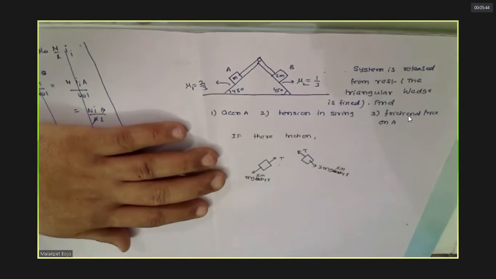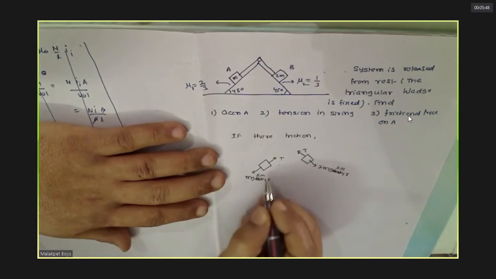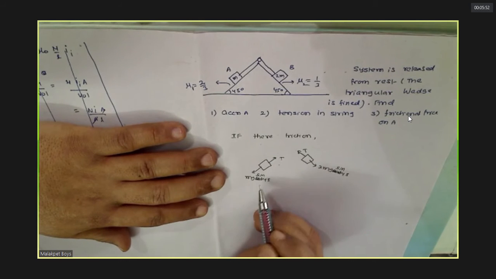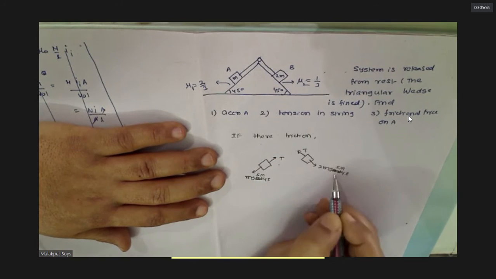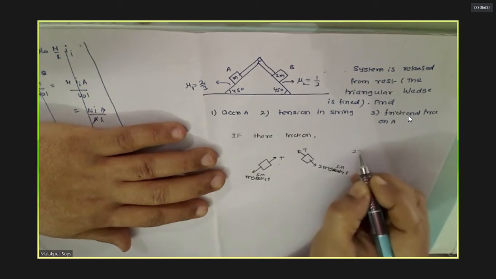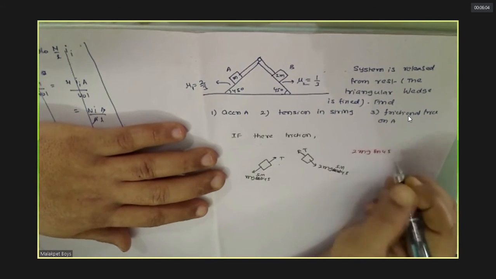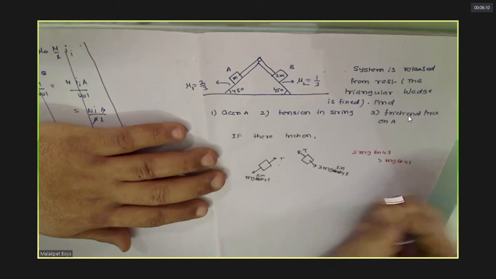Now obviously you can see that this is more than this, no? If you take this compared to this, which tension is more? This is more than this or not? Yes, sir. So therefore what will happen?